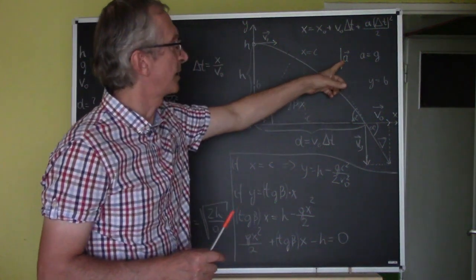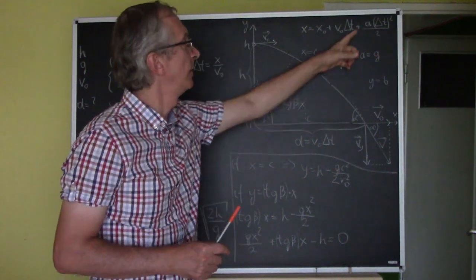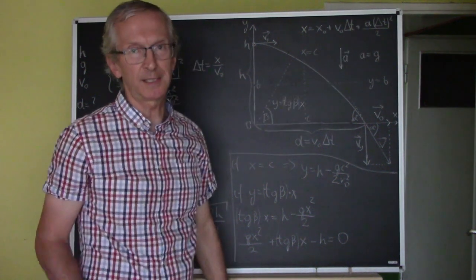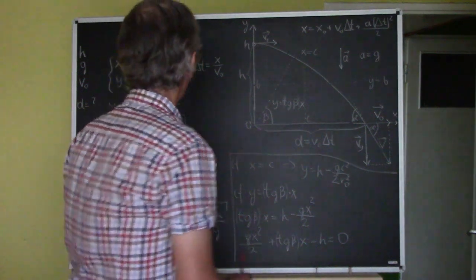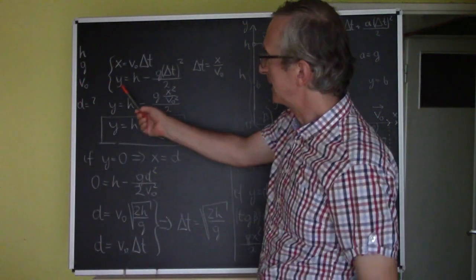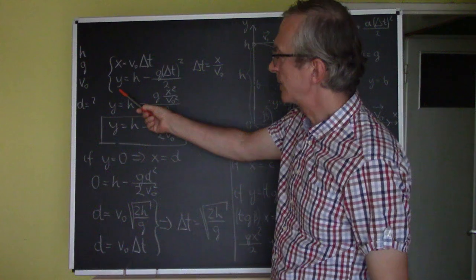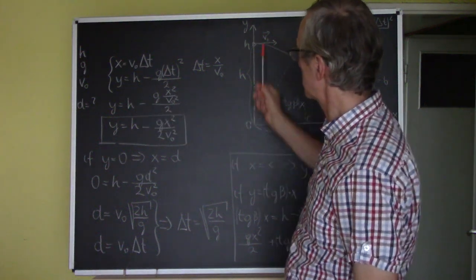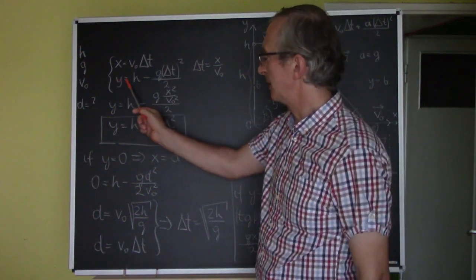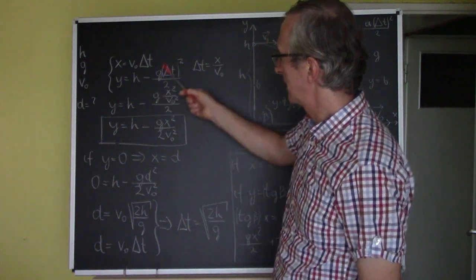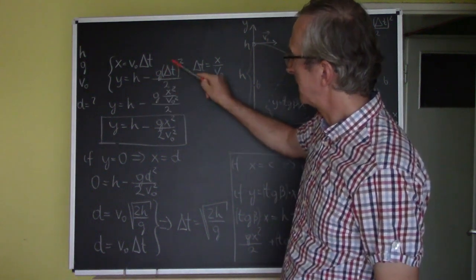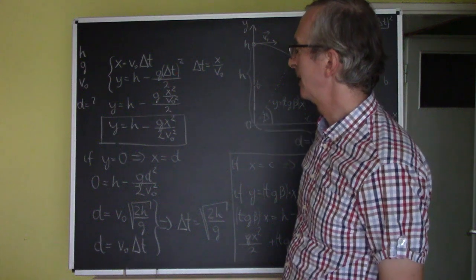The magnitude of acceleration is equal to g, so here we have minus g. So we can write the equation of motion for the axis y. y equals h minus g times delta t squared divided by 2.